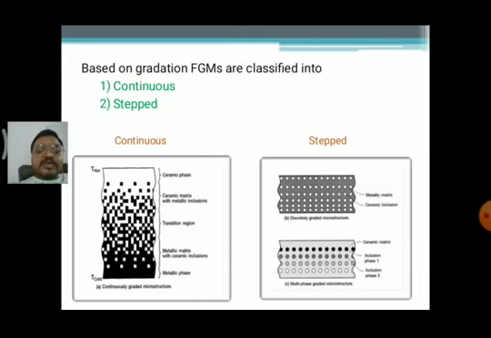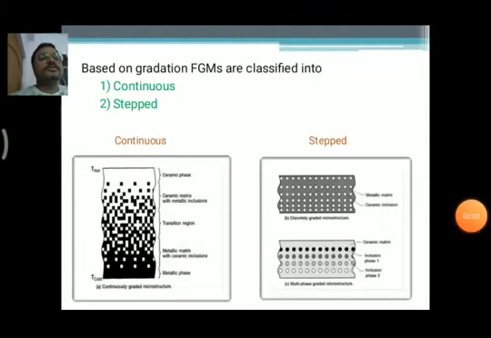Ceramic phase in combination with the metallic phase. Starting with the ceramic phase, there is a mild inclusion of metallic inclusions. So the inclusion of some metallic layers on the ceramic phase is what we define as the continuous FGM.